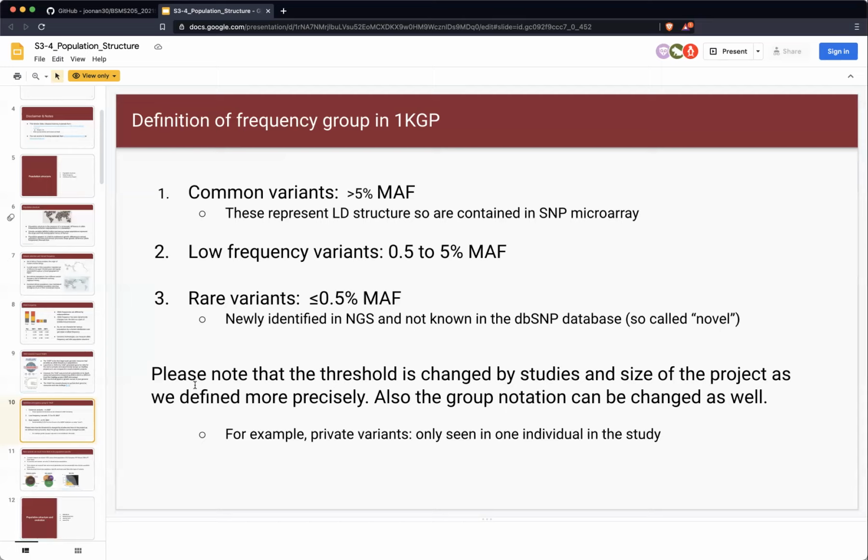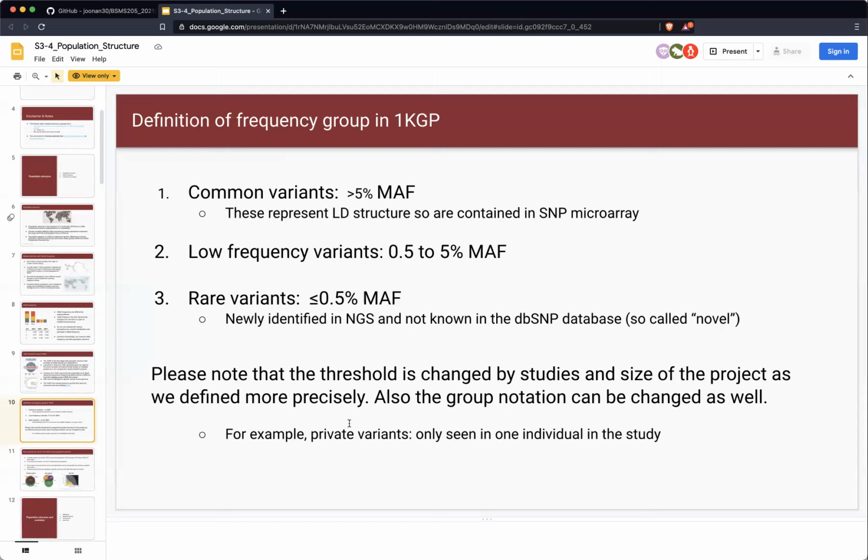And people also define another type, which is the private variants, which are only seen in one individual in the study, right? So this is much rarer than rare variants or ultra rare variants.